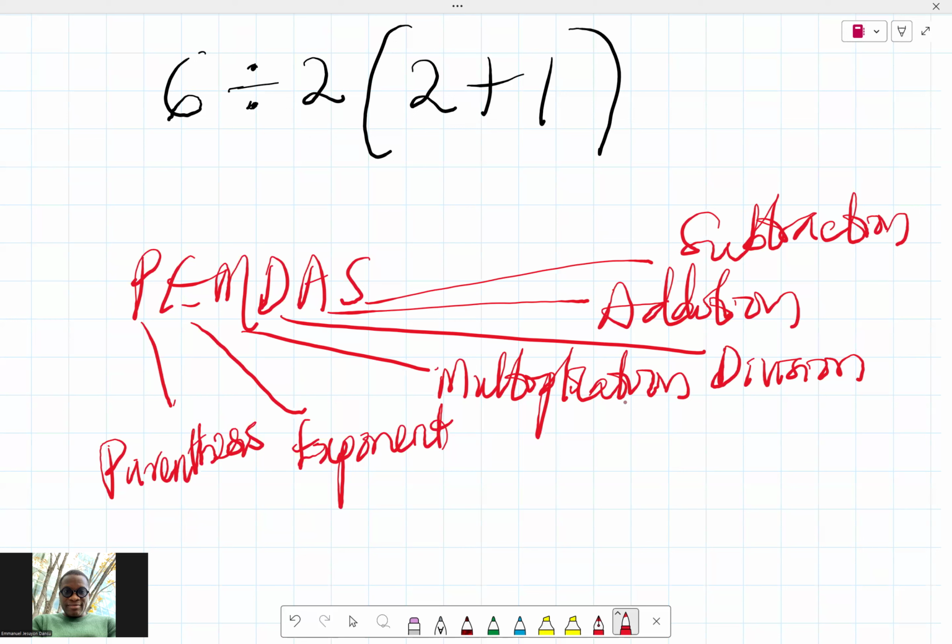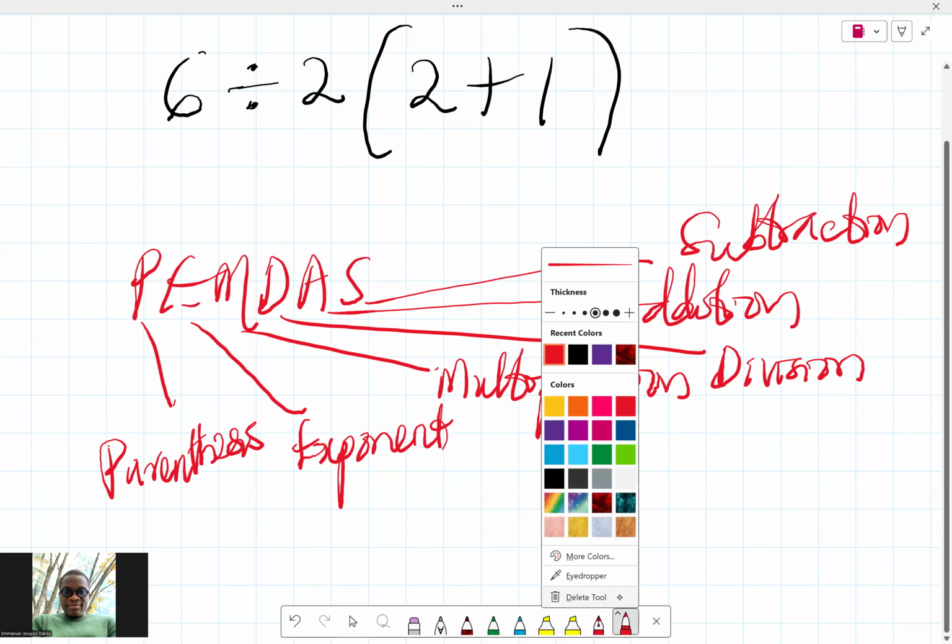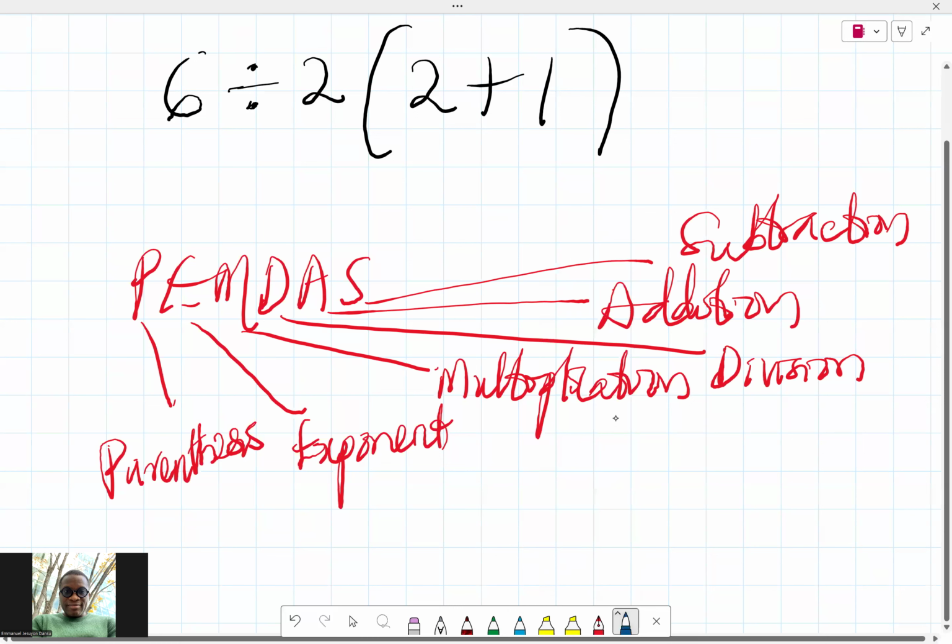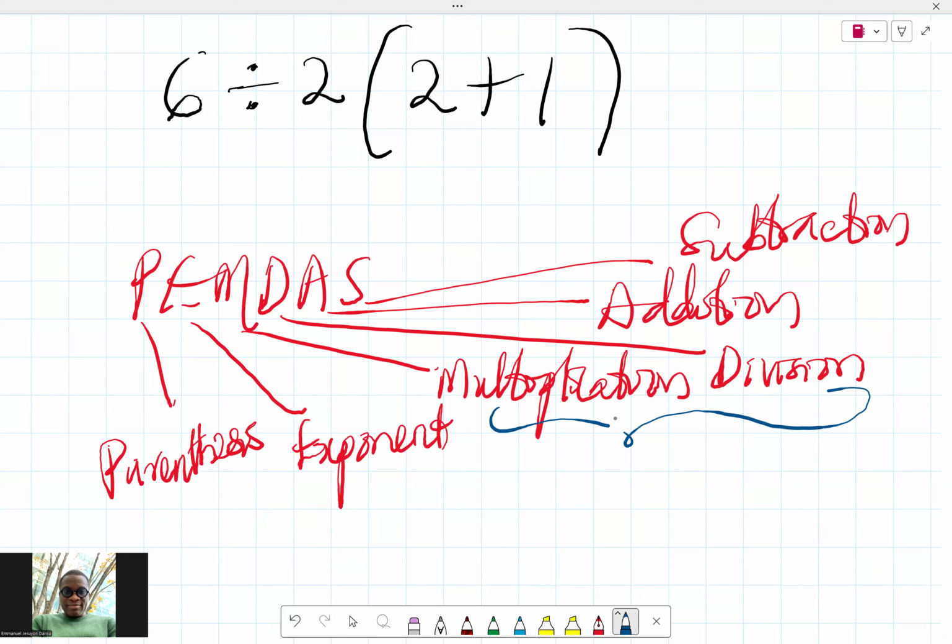Now, the very important thing you need to understand is that multiplication and division are considered to be at the same level. So if you have just multiplication and division left, you start from left to right. It doesn't matter which one comes first, multiplication or division.